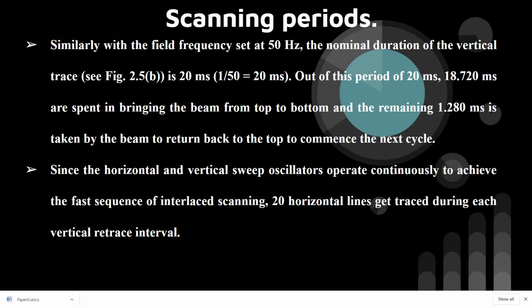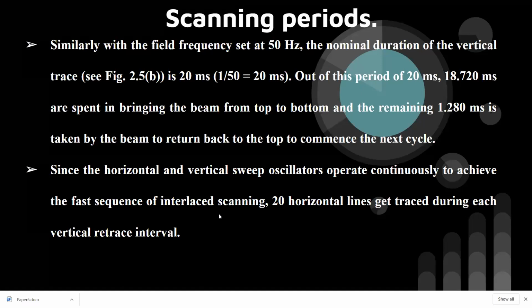Therefore, sweep oscillators play a very important role in carrying out this interlaced scanning. The vertical and horizontal sweep oscillators operate continuously to achieve the fast sequence of these scan lines.